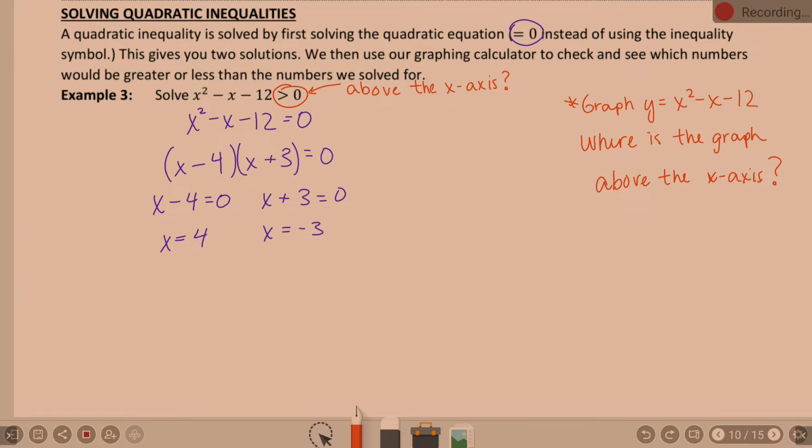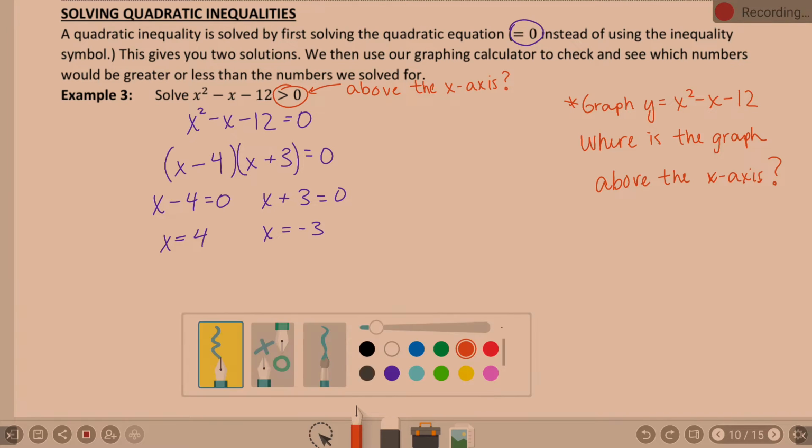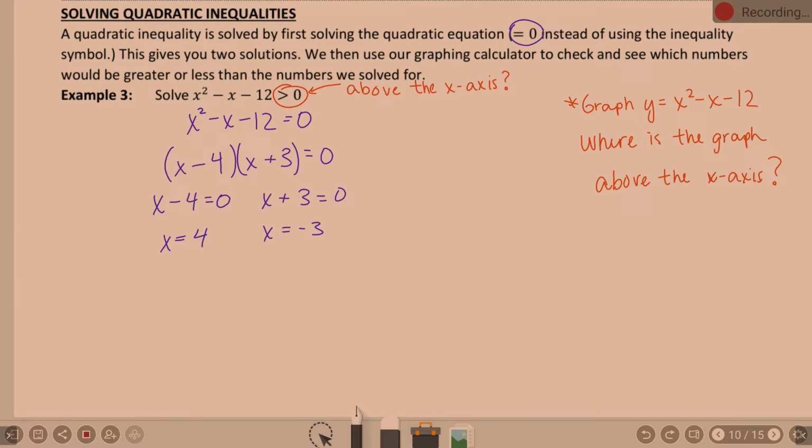As we look at that graph, I'm going to sketch the graph on here. What do you notice about this graph? It's a parabola. What do we notice about this parabola?